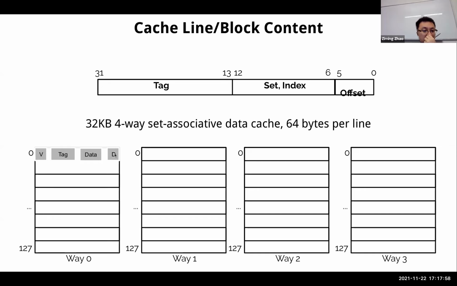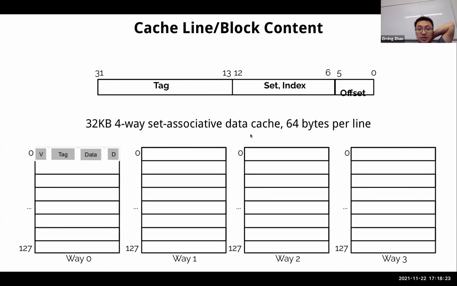Also, there is a D bit, usually the dirty bit. It indicates whether what we have in the cache is consistent with the main memory. When the CPU does some calculations, it may not push the result back to the main memory. The result may stay in the cache. In that case, the cache line is labeled as dirty, which means it's not consistent with the main memory.